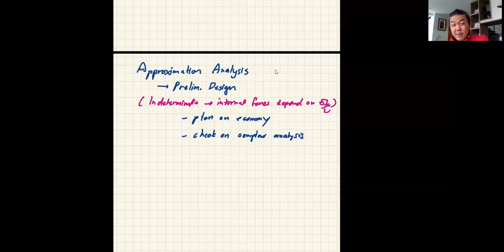You can always use the approximation analysis to give you the broad idea of how your structure will respond to the external load and how much the forces should be. All right. So that means we're going to approximate it. It's a good sign, because we are not going to go through those very complex analyses, such as slope deflection or moment distribution.